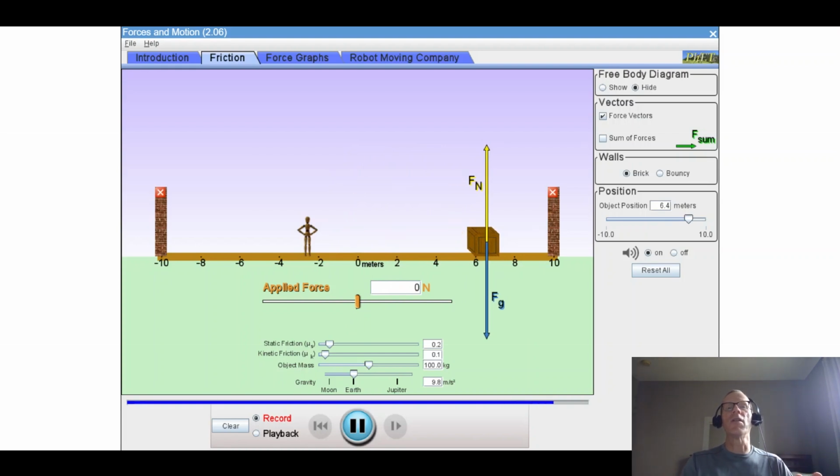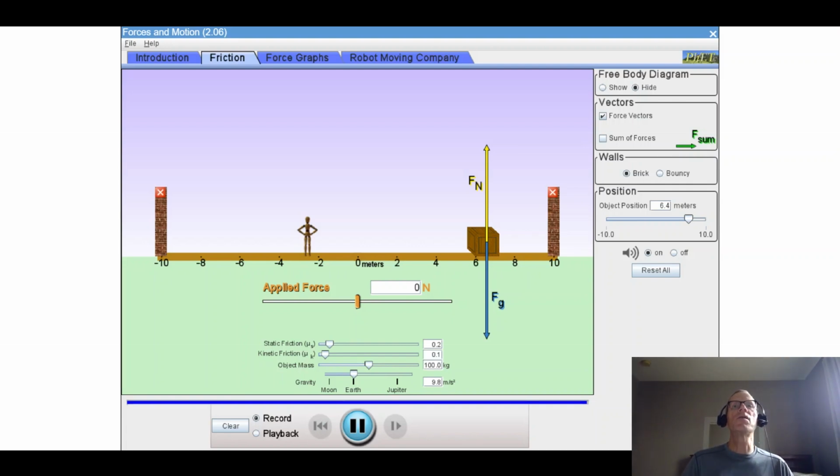When the applied force reached a certain amount in the 200s, the frictional force could not get any larger than that, and the box started to accelerate. Notice when I stop pushing, the applied force goes away. There's still that same frictional force to the left, and then the box stops and the frictional force goes away.